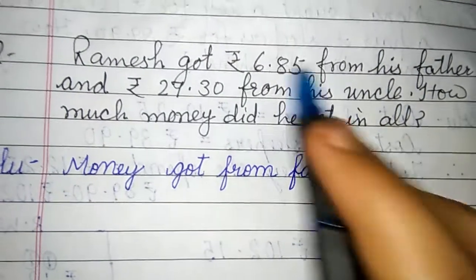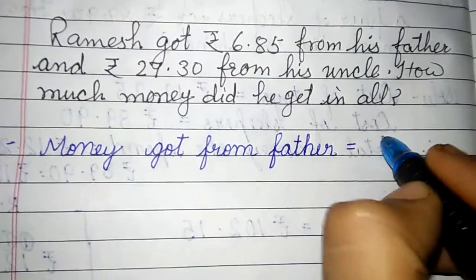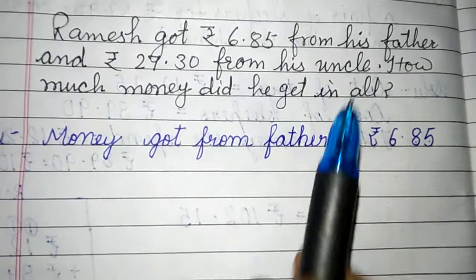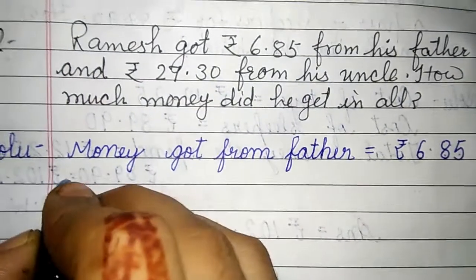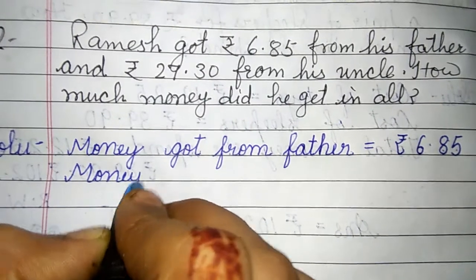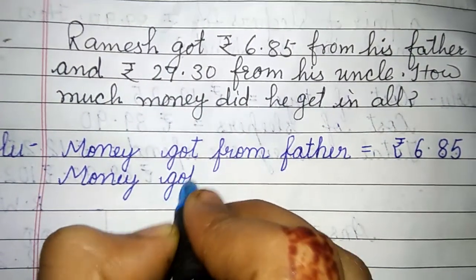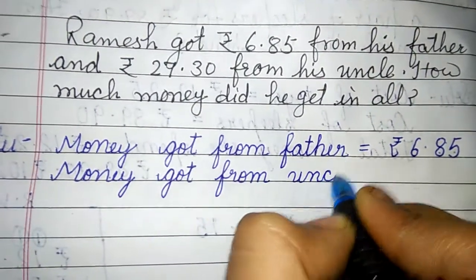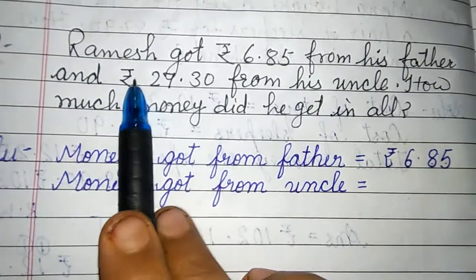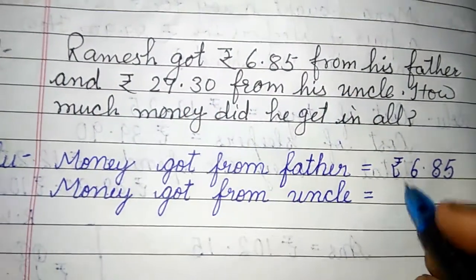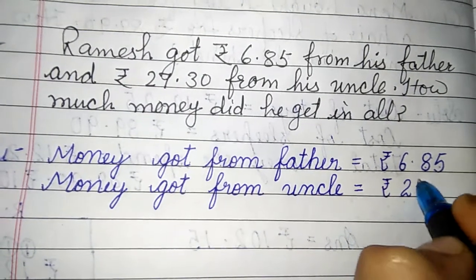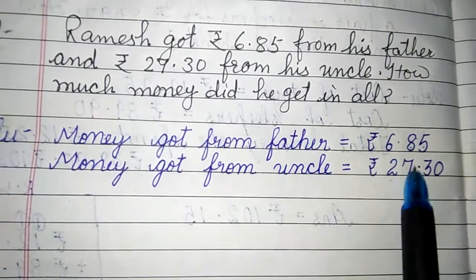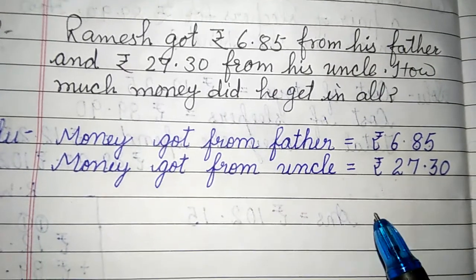How much? Rupees 6.85, right? 6 rupees 85 paise. Next statement will be, money got from uncle. How much? Rupees 27.30. And we add both the amounts. We will know how much money Ramesh has.